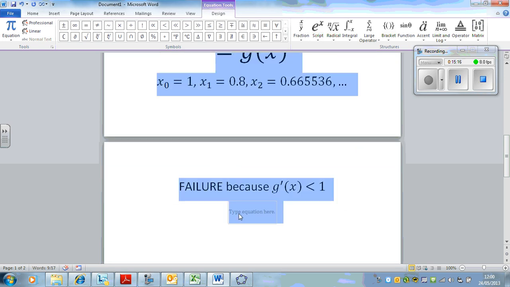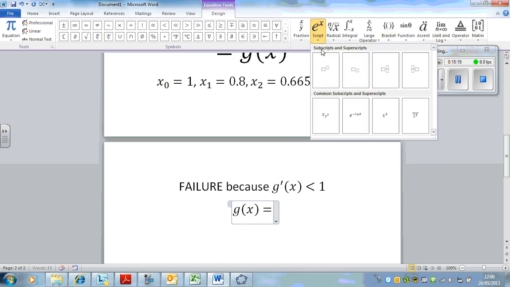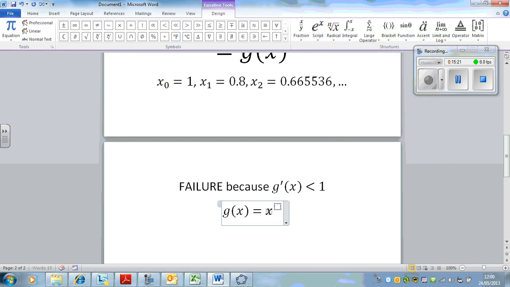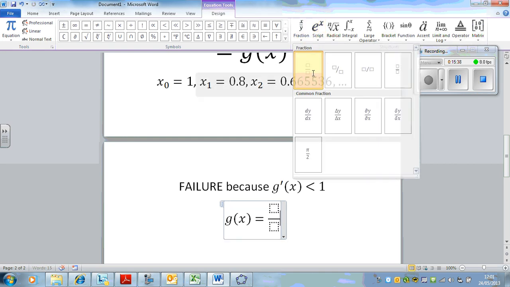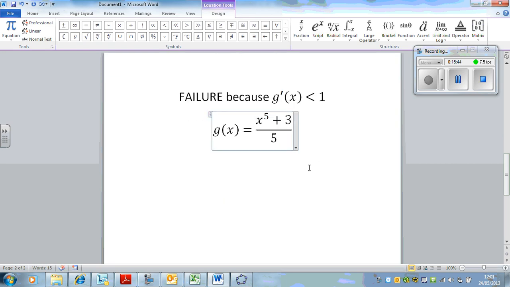So g of x is, get it in fractions, x to the 5 plus 3 all over 5.